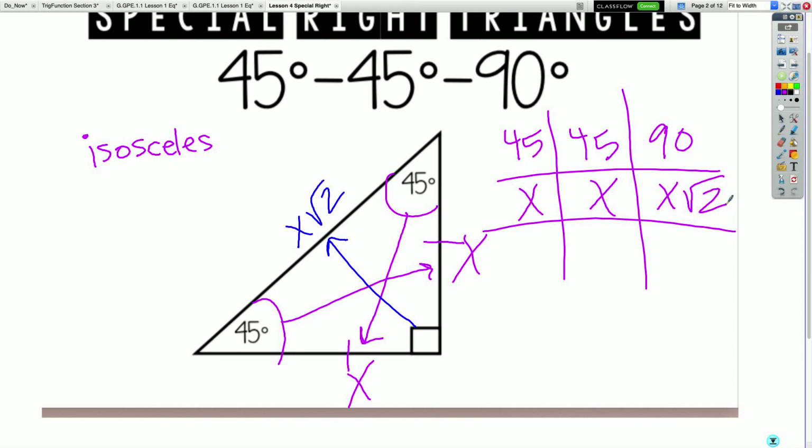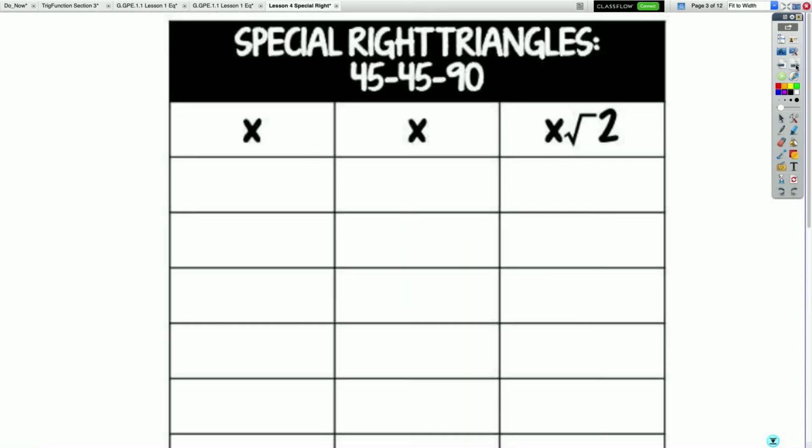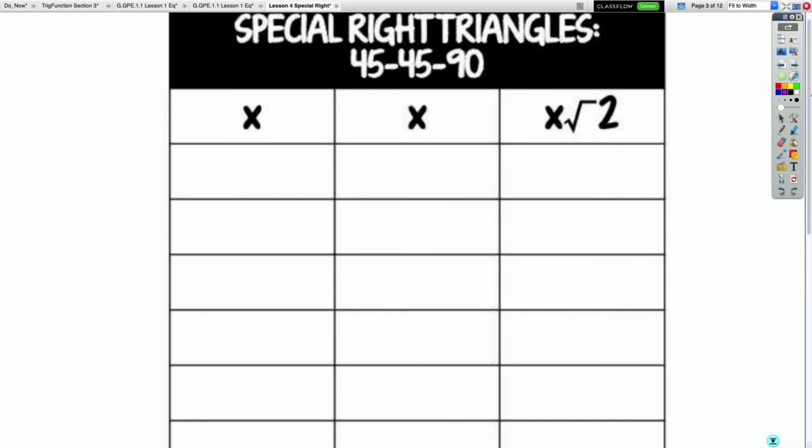So before we start doing some examples in your foldable, get out that little half sheet that says 45, 45, 90 on the top. We're just going to practice because we're not super used to radicals or a square root symbol. That's a radical sign or a square root.